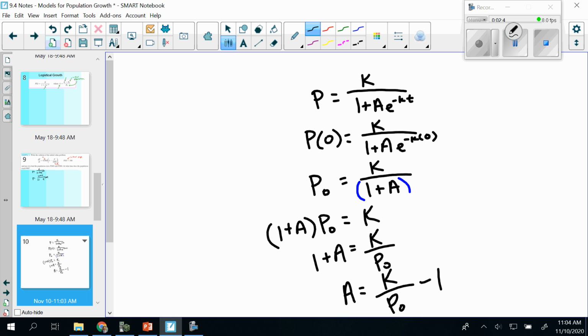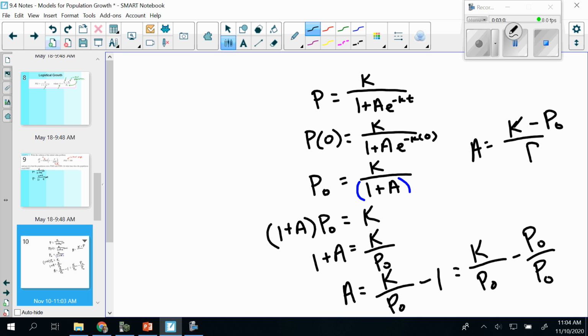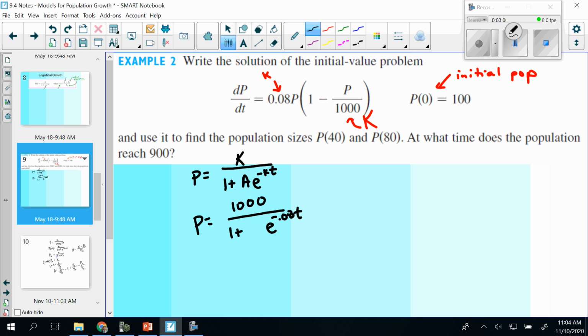And now if you make this into a common term, we'd have our carrying capacity over P of 0 minus P of 0 over P of 0. If you join that together into one thing, then we get that A that we had on the previous slide, where it's K minus our initial population over our initial population. So that's what you want to be using when you want to find your A value.